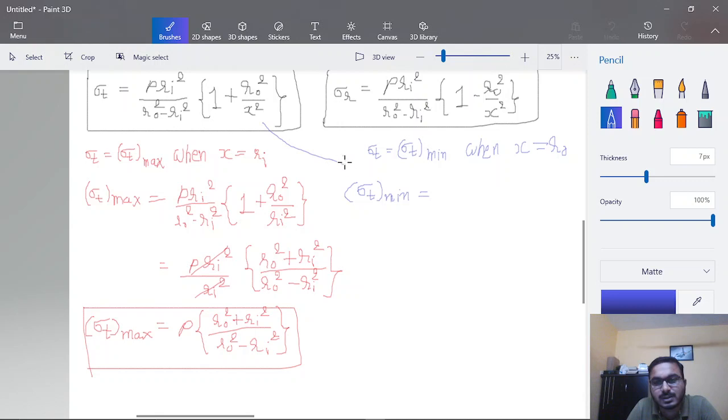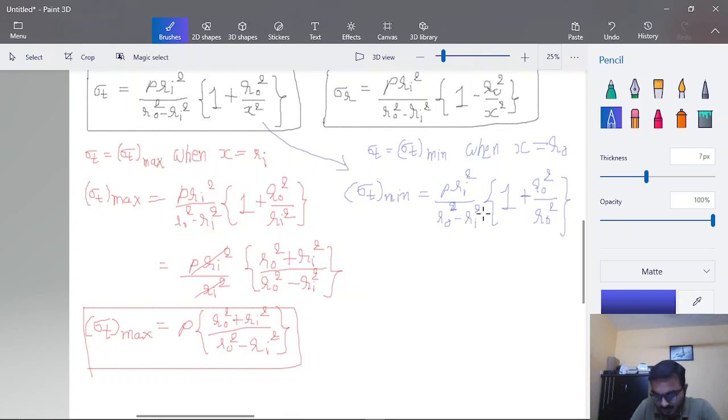Now be careful that we are using this equation, not this equation. So here P Ri square upon Ro square minus Ri square into 1 plus Ro square upon Ro square.